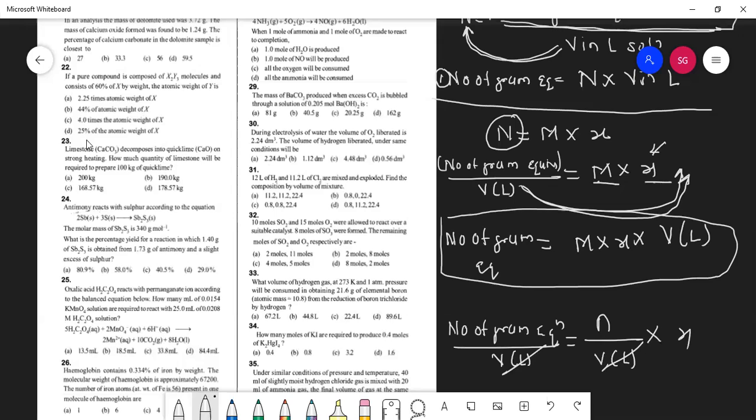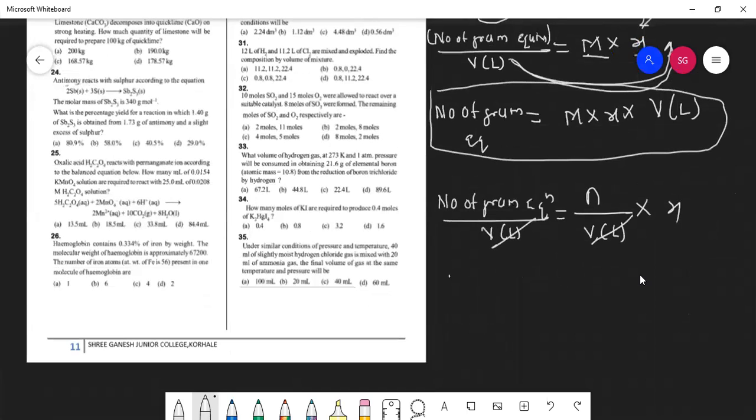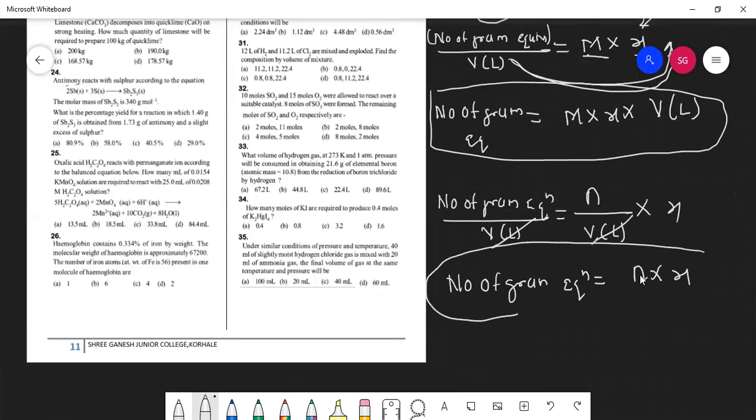So how many formulas did we get to find the number of gram equivalents? Three formulas. Students, listen, whatever questions I am discussing now are of a higher level, so that's why you are finding it a little bit difficult. You see the question is lengthy and then you are afraid.